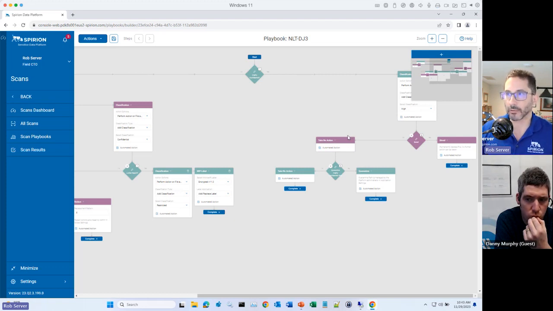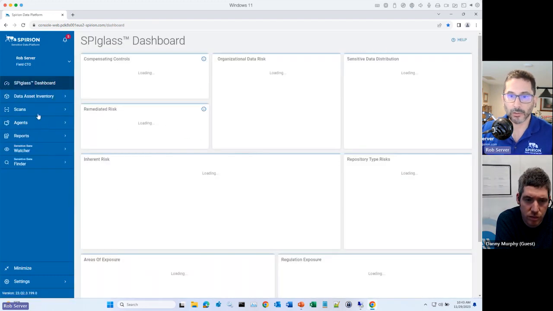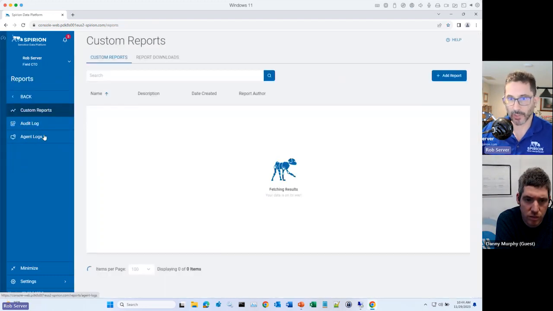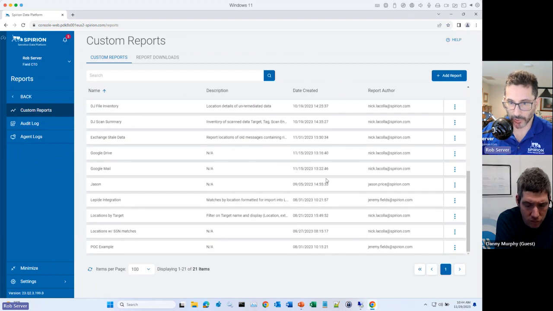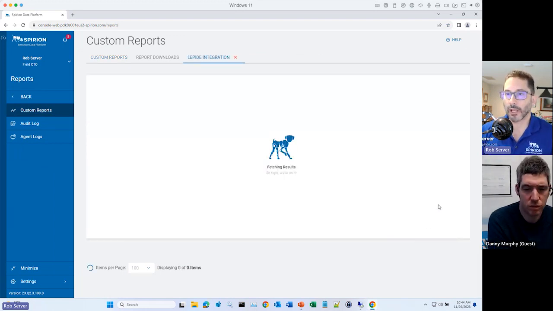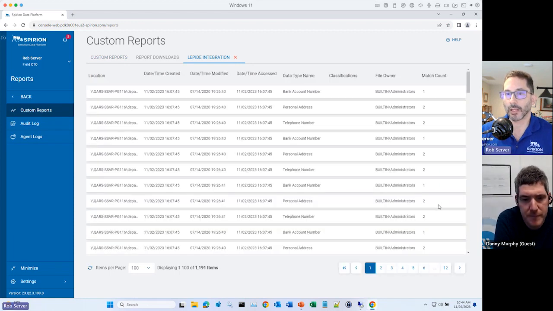But if we do need it, then we have to ask the different questions. What needs to happen? Is it something that needs to be in that location? Do we need to invoke Lepide to have different controls placed around that? And we can do that through a playbook and then executing the ETL through our report mechanism. We have a custom report engine, and we have a report here called Lepide integration, which through an ETL will provide Lepide with the information it needs.